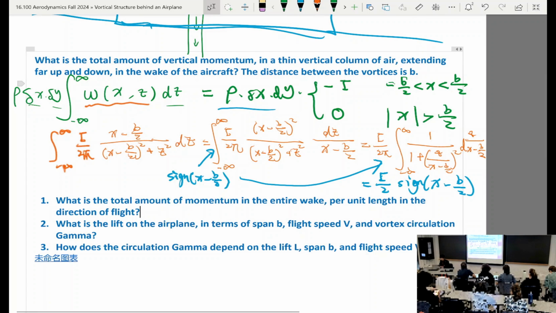Now I want to integrate again in the other two directions. So what is the total momentum? And then derive from there what is the lift on the airplane, and how does the circulation depend on the lift, span and the flight speed.